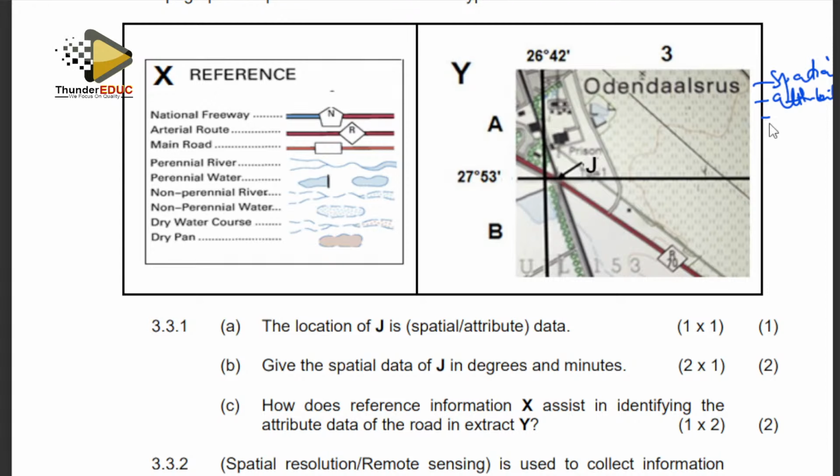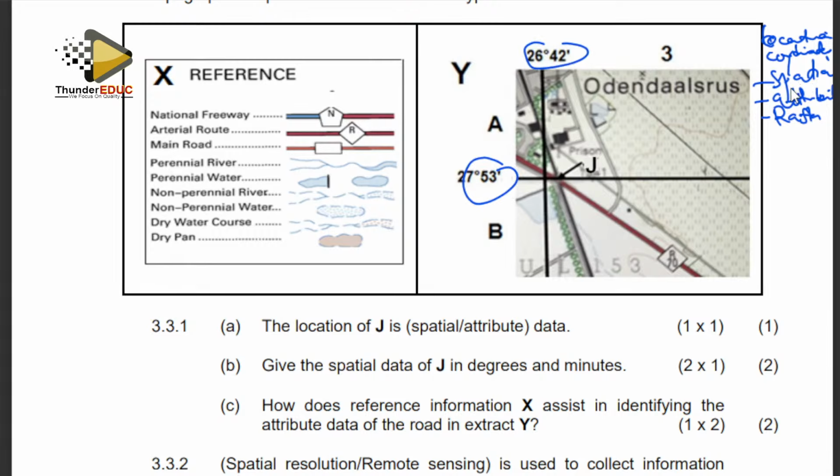Spatial data shows the location of a place. When it talks about location, we look at the coordinates, referring to degrees and minutes, indicated here and here.